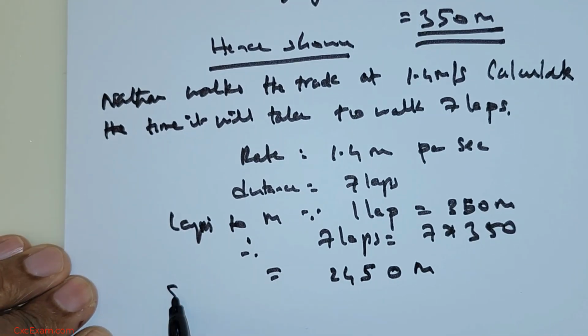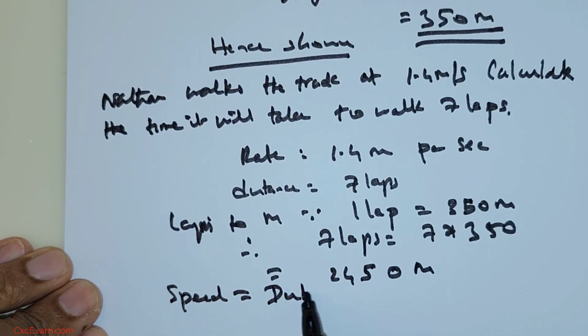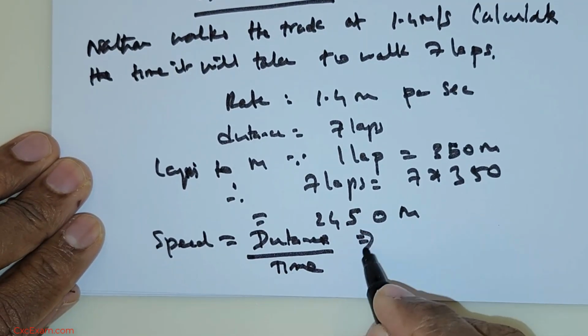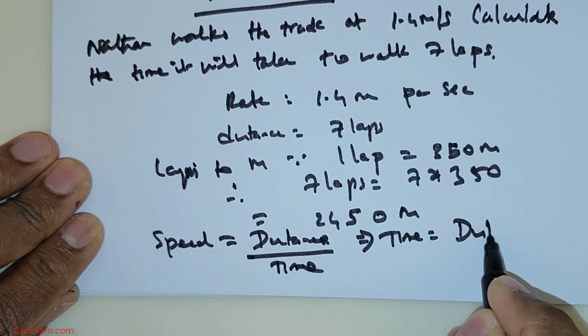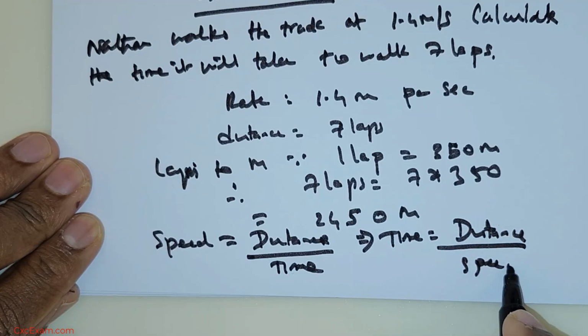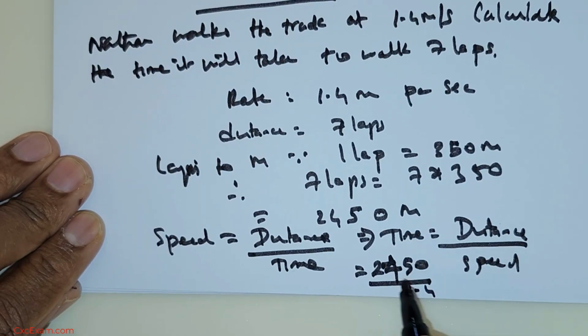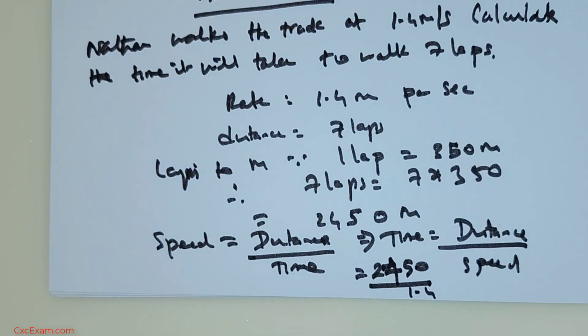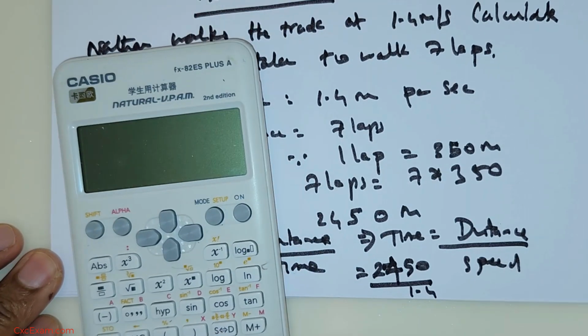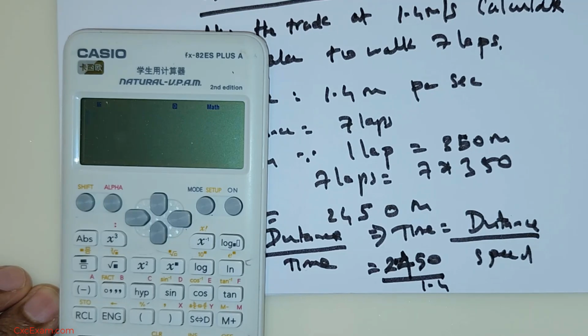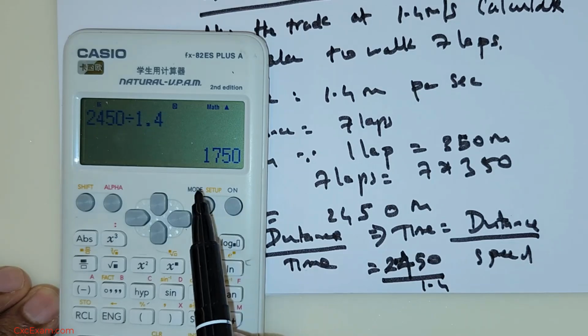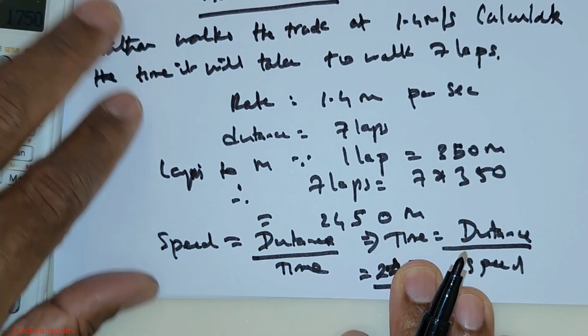So we have a formula from physics. Speed is equal to distance divided by time. Now they want us to get time, so therefore time is equal to distance over speed. So what is the distance? Distance is 2450 divided by speed. What is the speed? Speed is 1.4. So you have to divide one by the other. You can use your calculator. 2450 divided by 1.4 gives a value of 1750 seconds.